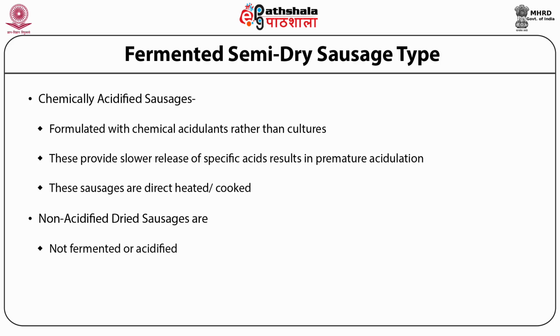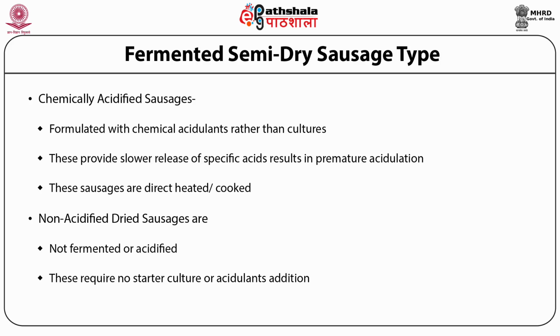This product segment includes a portion of the dried meat snacks, meat sticks, and some larger diameter sausage. These products have the same general formulation process as fermented dry sausages, but no starter cultures or acidulants are added during formulation and no fermentation period is required.